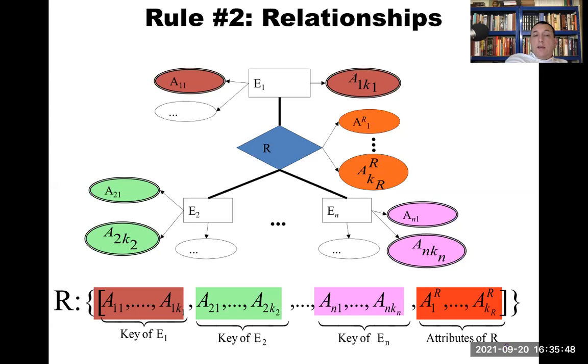So all the key attributes from E1, all the key attributes from E2, and so on, all the key attributes from En, and all the attributes of relationship itself, but only key attributes from entities and all the attributes from key itself. All other non-key attributes from connected linked entities we don't use here.